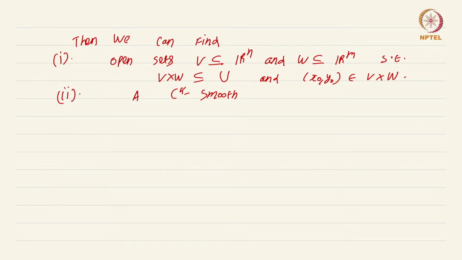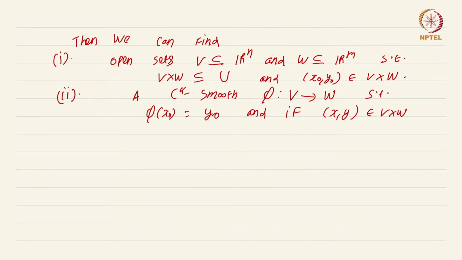We can also find a ck smooth mapping, which I'm going to call phi, from this V to W. Note this is a ck smooth mapping such that phi of x naught is equal to y naught, and I'm going to quantify that the zero set can be written as a graph, y can be written as a function of x, and that is made precise by saying, if x comma y in V cross W, then f of xy is equal to 0.